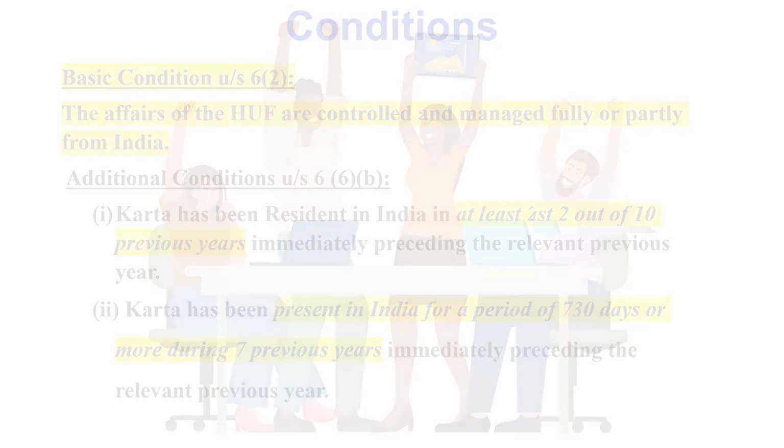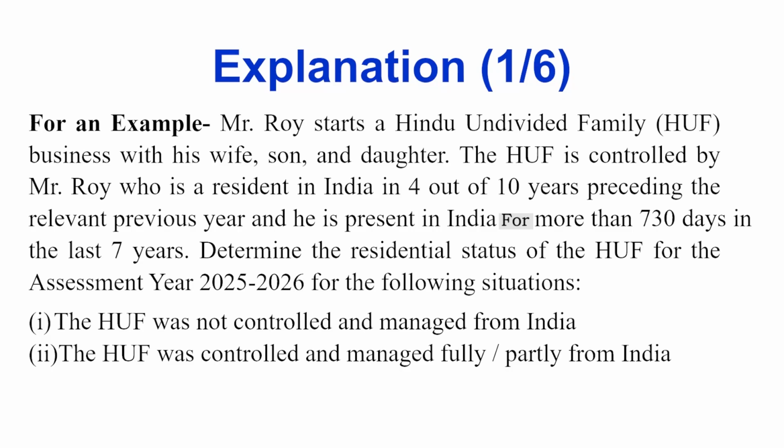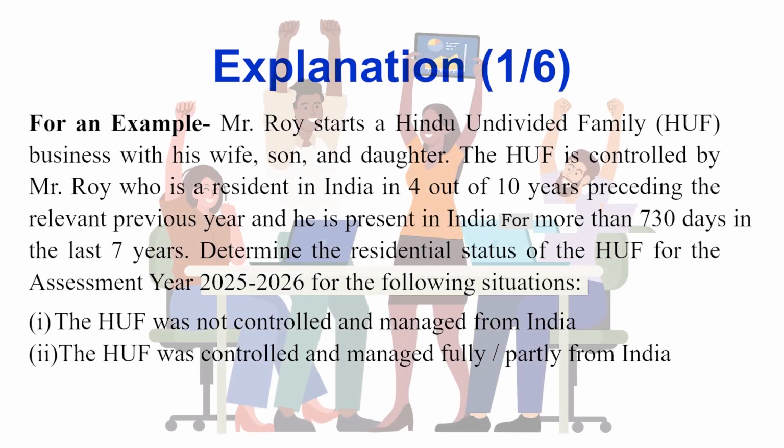Now, let's see an example. Here Mr. Roy starts a Hindu undivided family business with his wife, son and daughter.